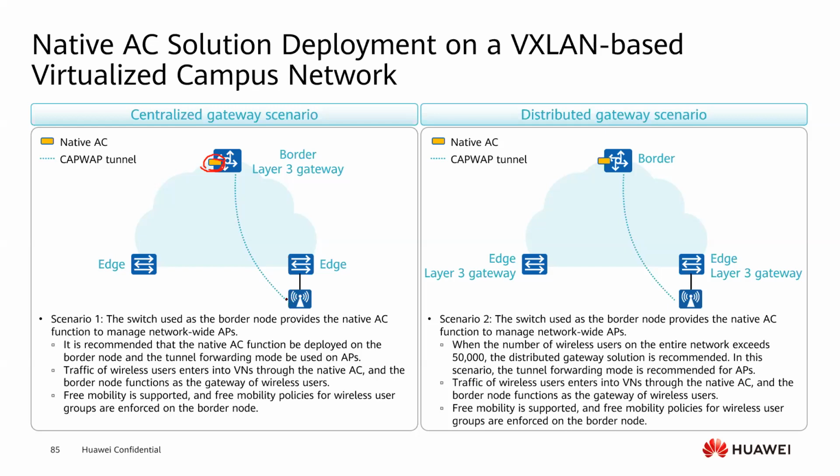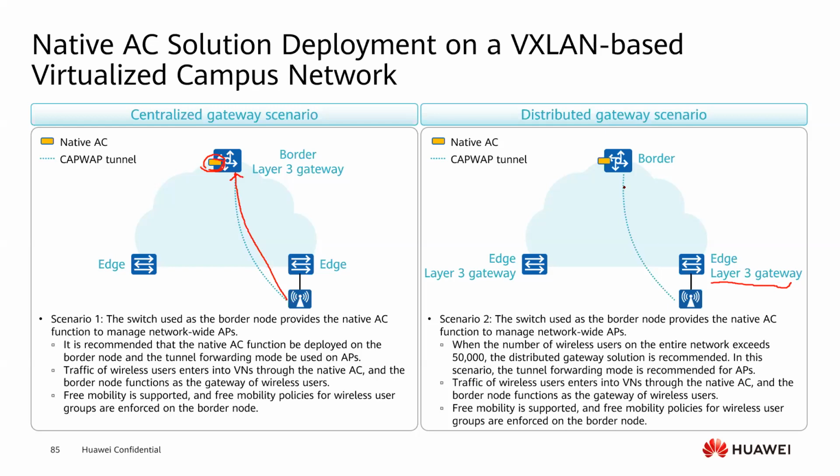We suggest you use the tunnel mode to transmit the wireless traffic. So the wireless traffic will be sent directly from the AP to the native AC, and then to the border, and the border will do the policy enforcement. And how about the distributed gateway? Although the layer 3 gateway is here on the edge node, this gateway is for the wired users.